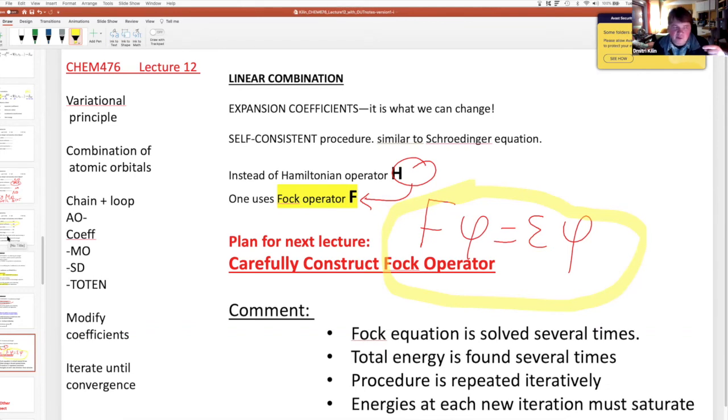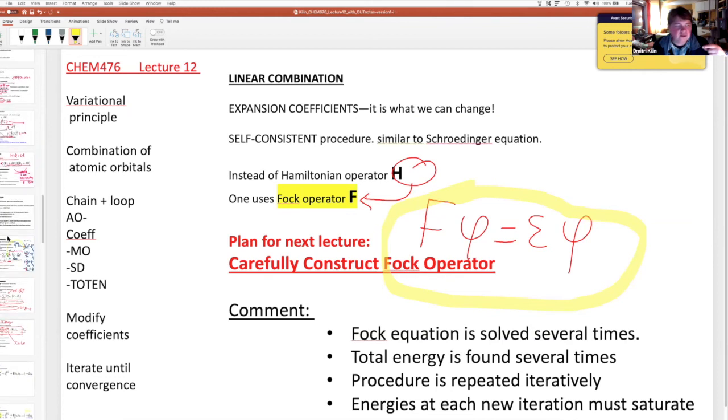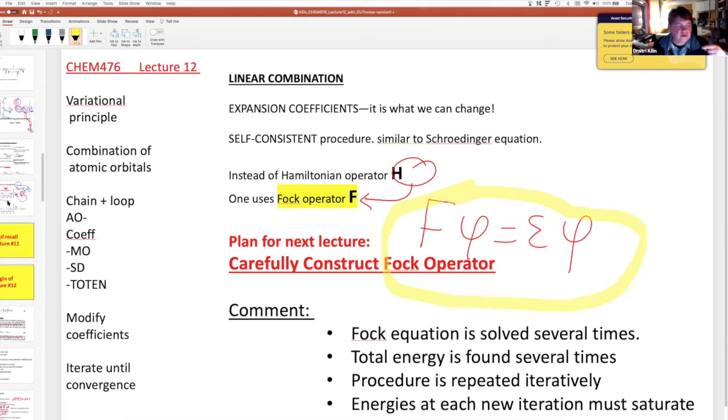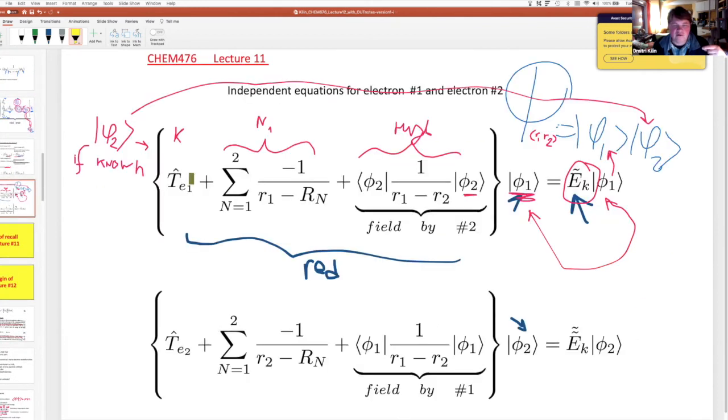I'm going to flip back about 20 slides. This equation is the Fock equation, and in many textbooks, instead of details, they just write it as F phi equals E phi. And under F, one understands this stuff.